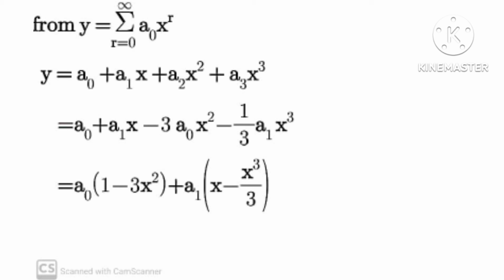Now we are dealing with a0 and a1 now. You understand? So you see that all the terms are in terms of a0 and a1. So we bring everything together, we factorize out, and we have our final solution.